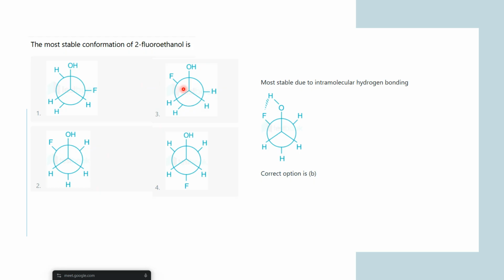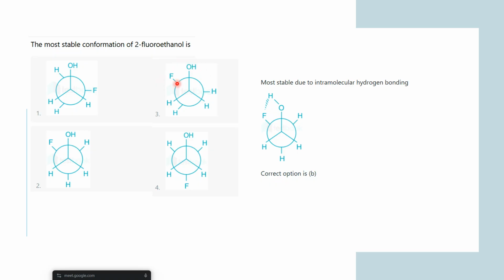But option 3 is having an eclipsed conformation. So in this one, although it will have stability via intramolecular hydrogen bonding, the close proximity of both the substituents will also cause steric repulsion among themselves.